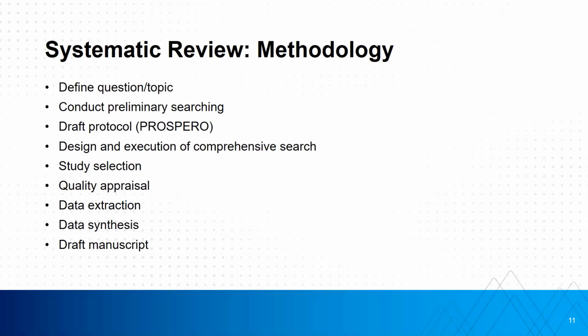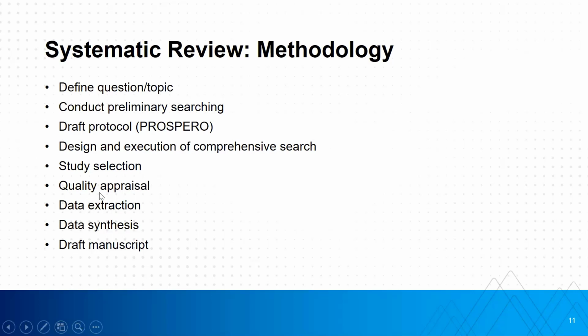And if they do, then they go to the quality appraisal stage, which is where you're going to pull out your risk of bias tool and determine basically how strong the evidence is in the studies that you have left.